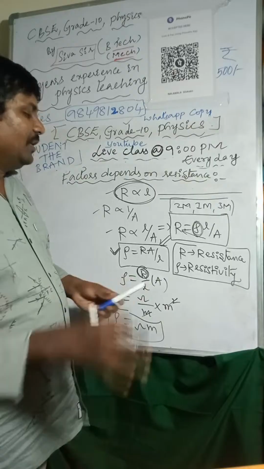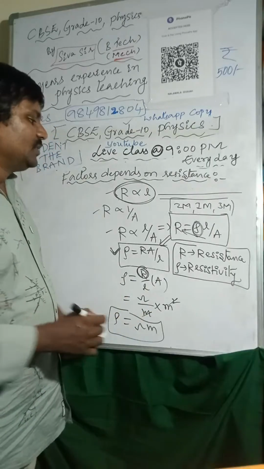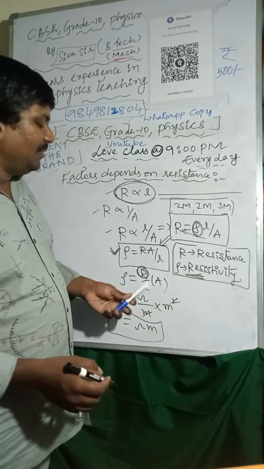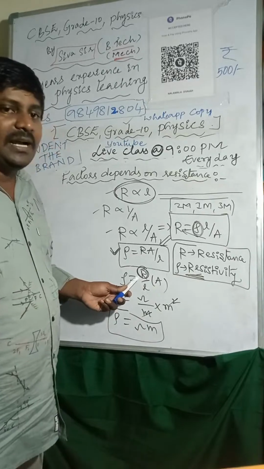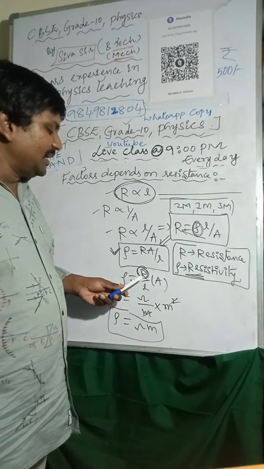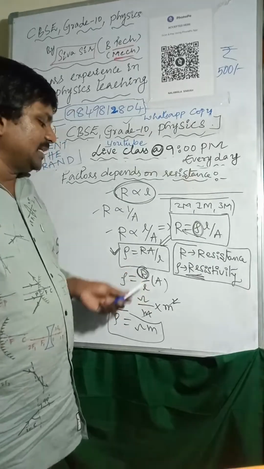If they ask the definition of resistivity, we can get it from the formula only: the resistance of the conductor per unit length and unit cross-sectional area. That is nothing but resistivity.